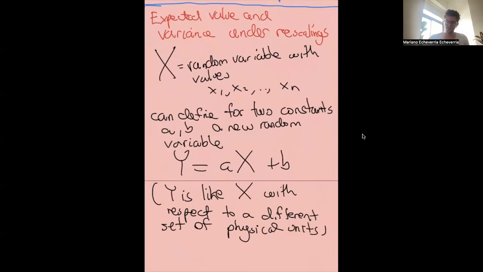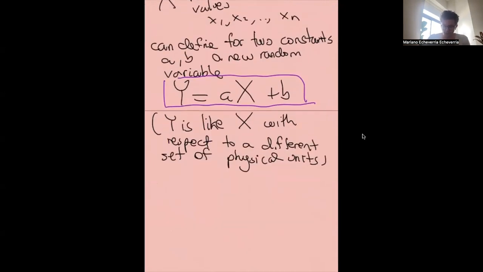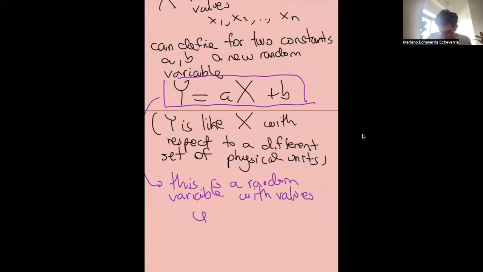So once you have this, what does it mean? It means this is a random variable with values yi equals axi plus b.